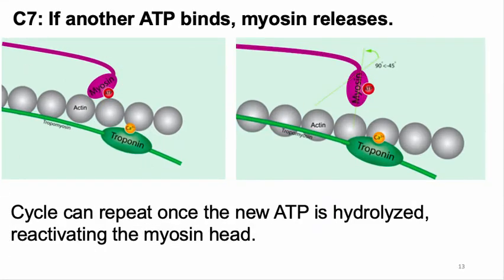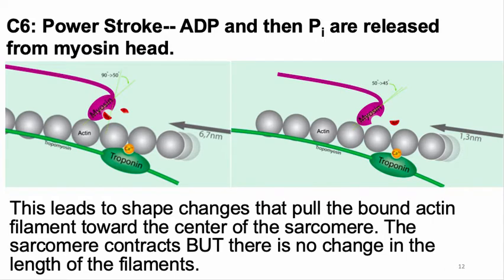Now, I'm going to go back here for a second. If no more ATP is available and no ATP binds to the myosin head, then that cross bridge is going to stay intact. That bond is going to stay there.